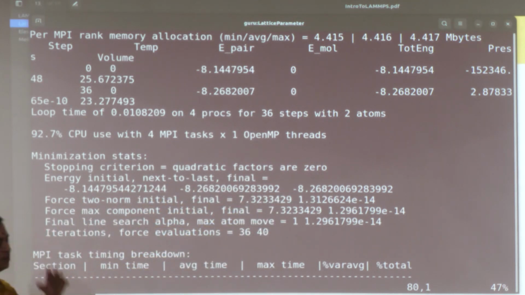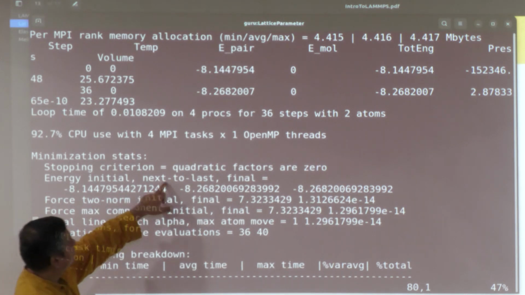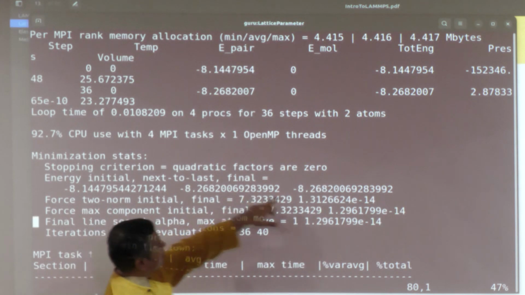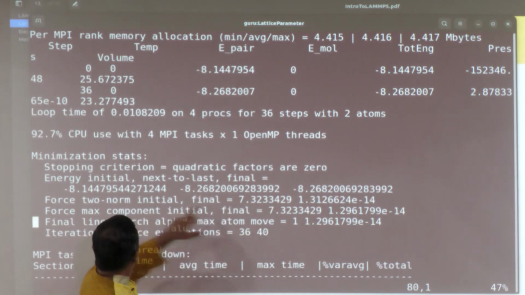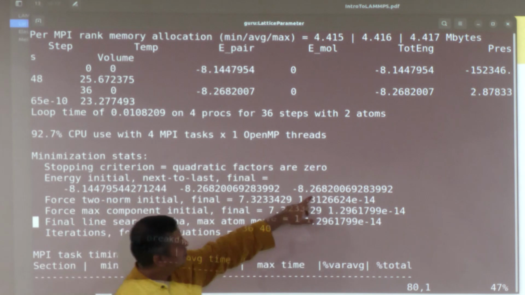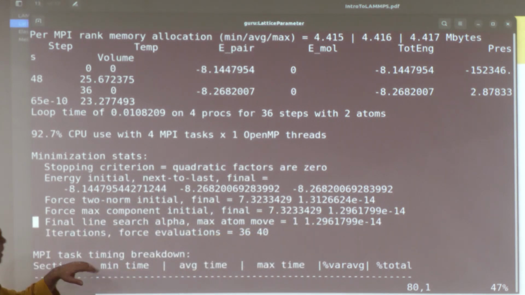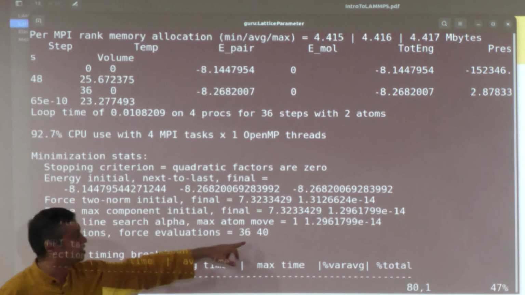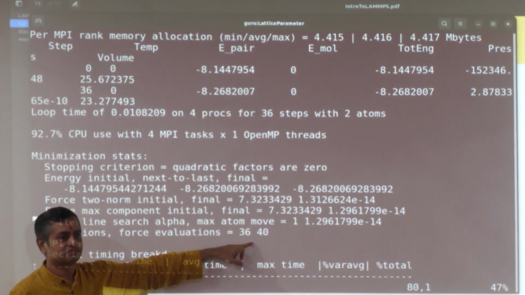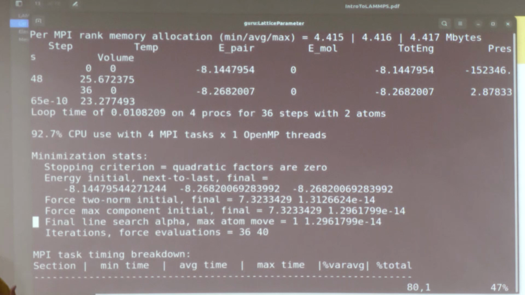Again, you have to go look at CG to know what it is, but we can still see that next to last and final energy are pretty much 10 power minus 14, and the force criterion is also 10 power minus 14, and the iterations and force evaluations are much lower here, right. So, we are okay with this minimization, and we see that we are getting 2.855, and you have to do this for several such points before you conclude that this is the equilibrium lattice parameter for the system.